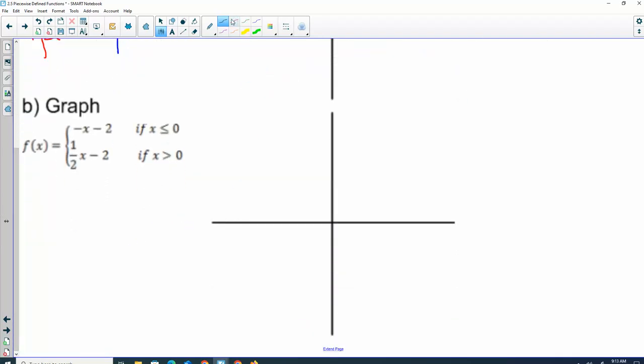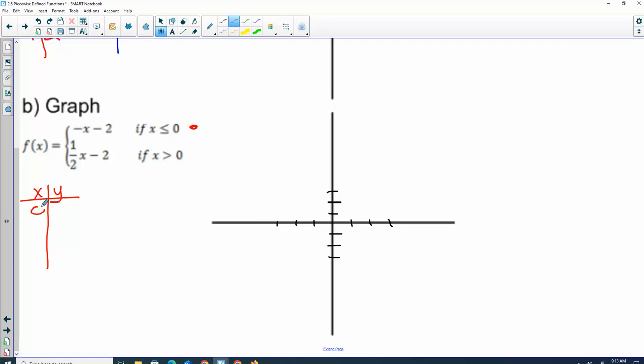So again, 2 pieces. So we're going to do 2 T-charts to start. If I do my first one, what is the first x value we have to plug in? 0.